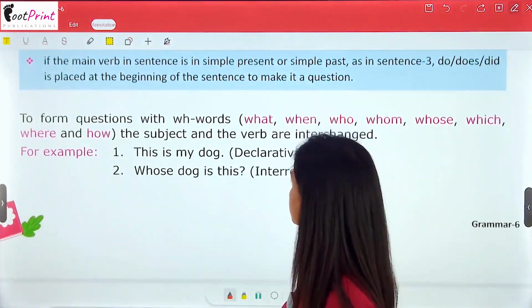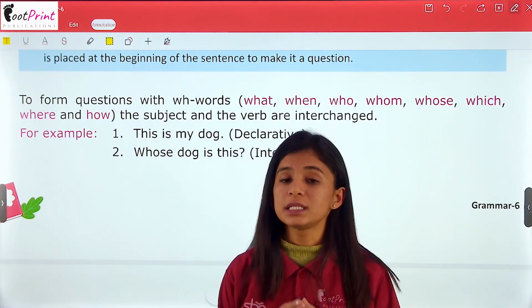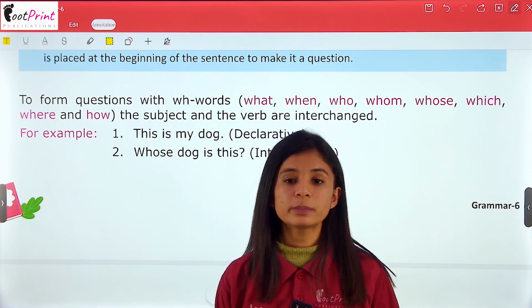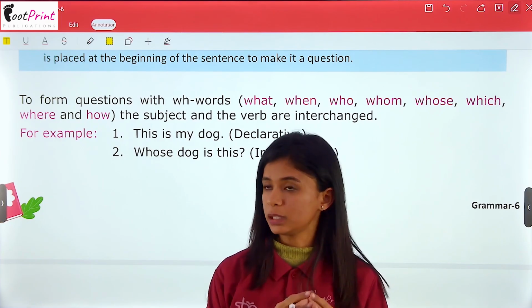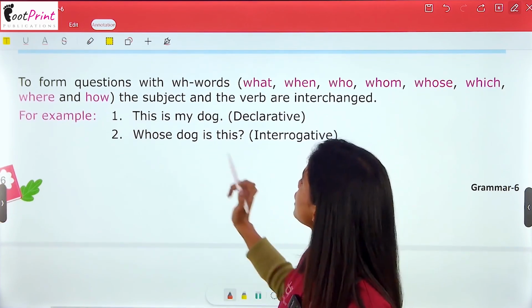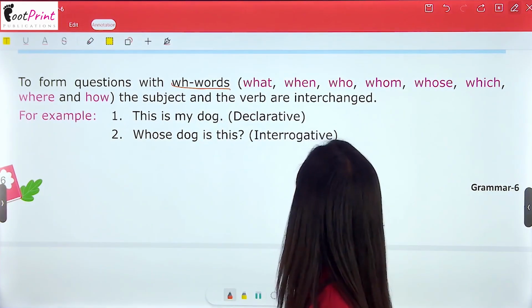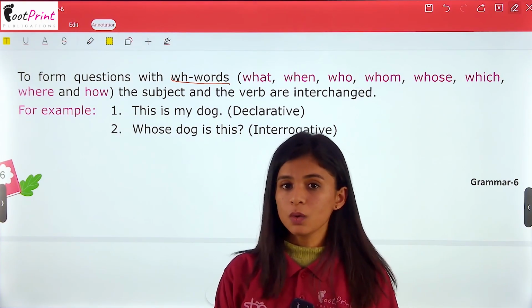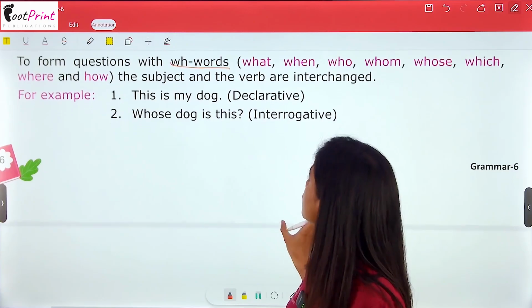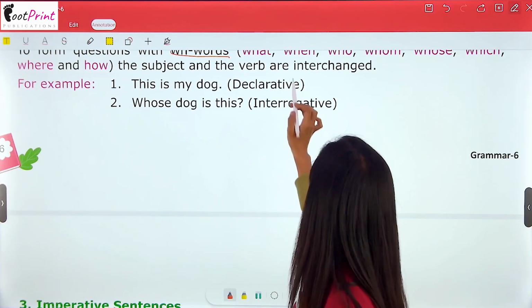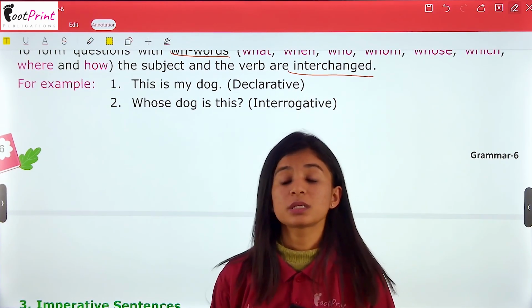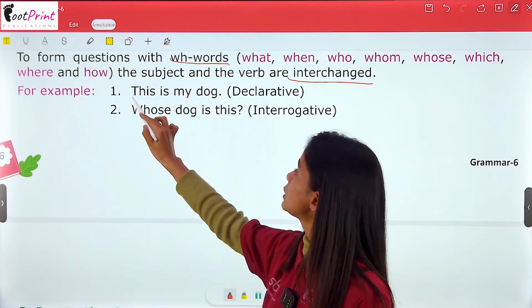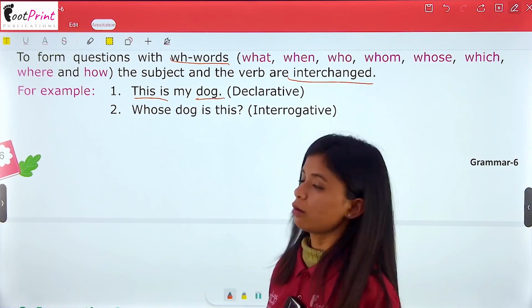Let's move on. Now, interrogative sentences not only start with the auxiliary verb, but sometimes they start with the WH family. To form a question with WH words, which are what, who, when, how, etc., the subject and the verb are interchanged. Subject and the verb will be interchanged. For example, this is my dog.